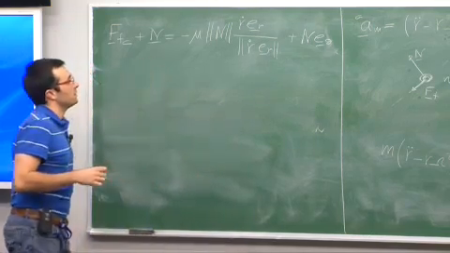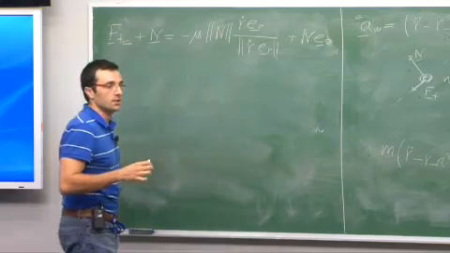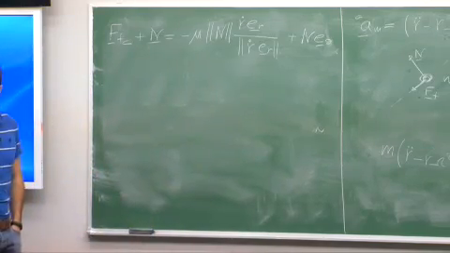Now this makes things a little more complicated, right? Because r dot can be positive, negative. What would you do here?